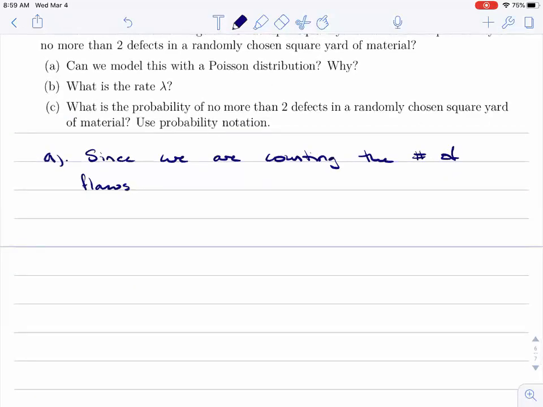It's actually not that weird to think of defects happening in a cluster, but what we're assuming is that they don't. There's just singular defects across this piece of carpet. I'll say we will assume, because sometimes we have to go that route where we say, this is an assumption that I'm making.